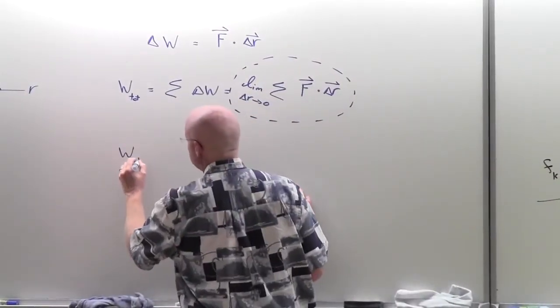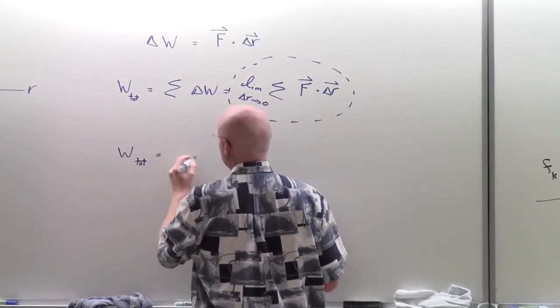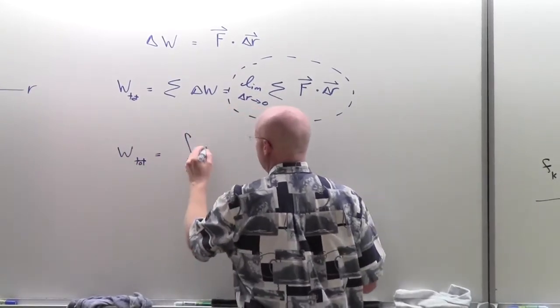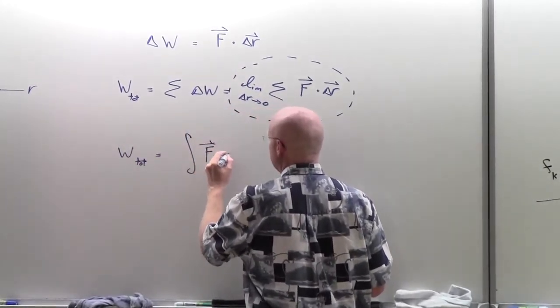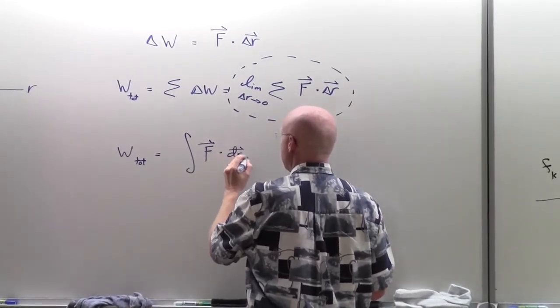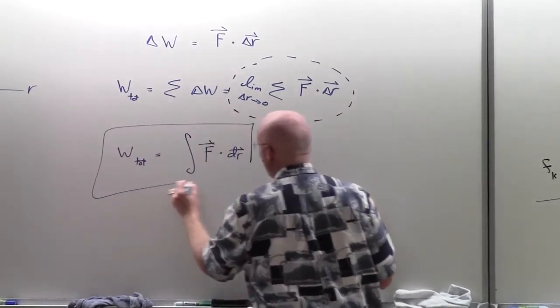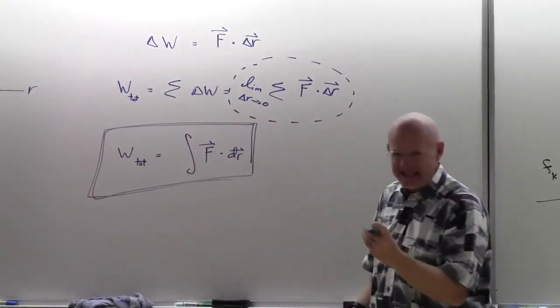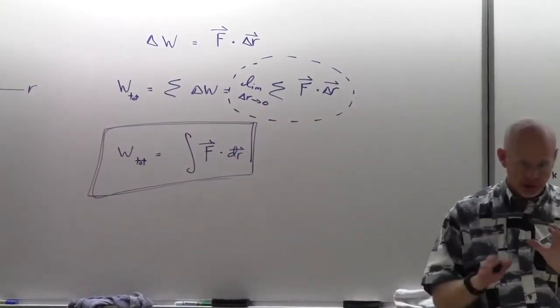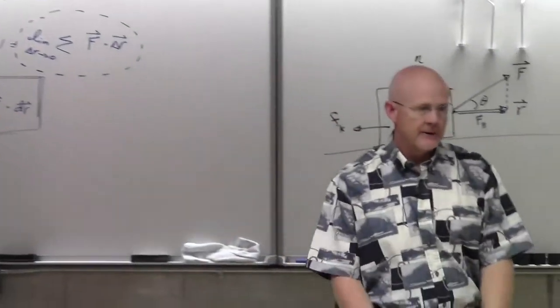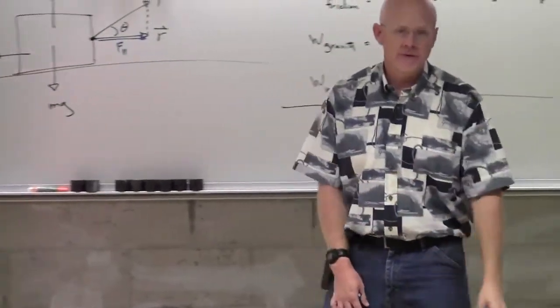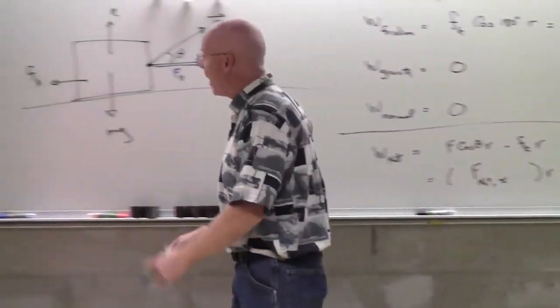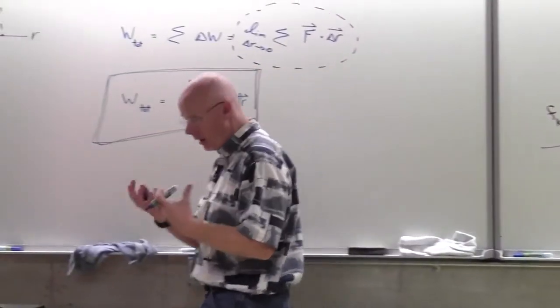And so what you're telling me, or maybe I'm telling you, but hopefully you will soon be telling me, is that the work actually involves forces and distance and dot products and integrals when you put it all together. And that's the first section of this chapter. What is our equation?